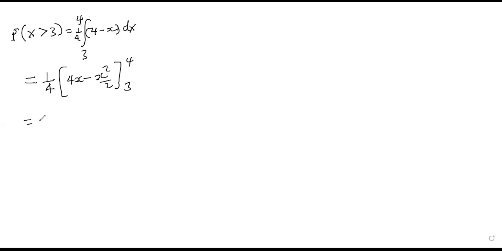Substituting, a quarter times 4x, that is 16, minus x squared over 2, that is 16 over 2, which is 8. Then minus 4 times 3, that is 12, minus 9 over 2.